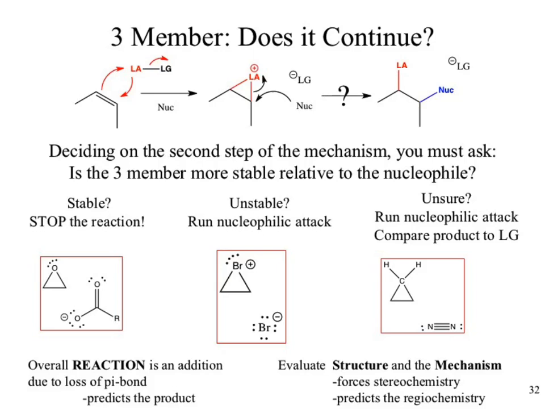Is that three-membered ring stable? You're saying yes, Amanda. Why? There's no formal charge. So yeah, we do have the ring structure, a three-membered ring, which puts some strain on it, but there's no real added benefit to breaking that open. Right? There's no charge. What about the nucleophile?